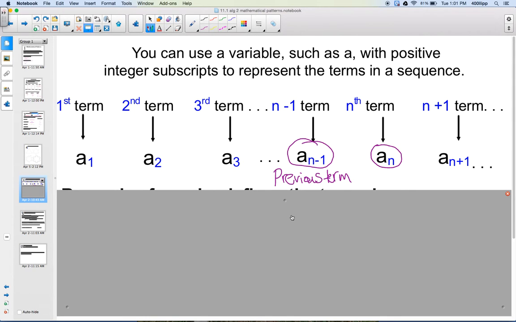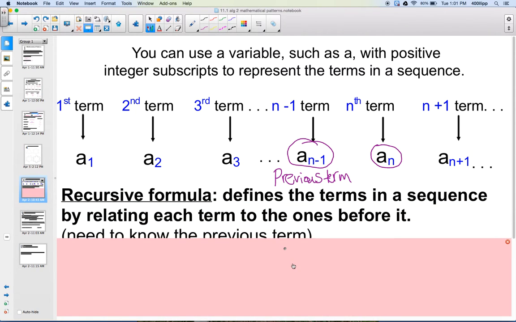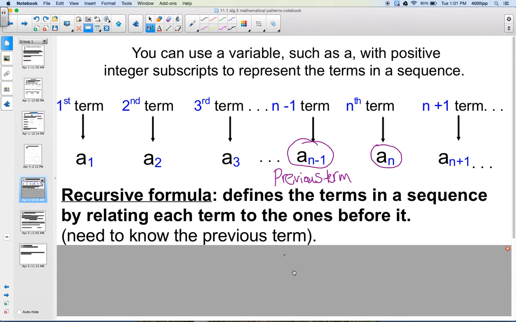Okay, so we're going to have two types of formulas here. The first one we're going to learn is the recursive formula. A recursive formula defines the terms in a sequence by relating each term to the ones before it. Therefore, you need to know the previous term.